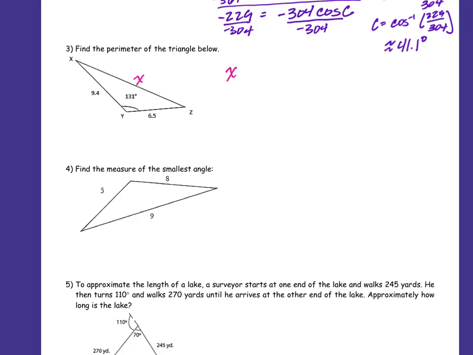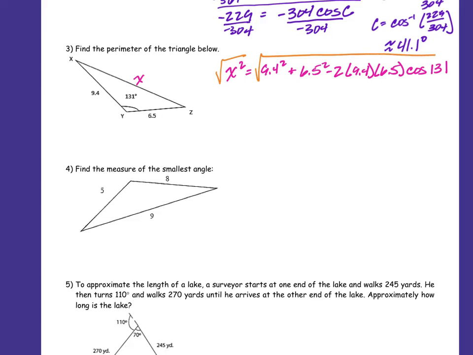So I've got x squared is going to equal the two other sides, 9.4 squared plus 6.5 squared minus 2 times the two sides, 9.4 times 6.5 times the cosine of 131. And I want x instead of x squared, so I'm going to take the square root of it, right? It's a long one.